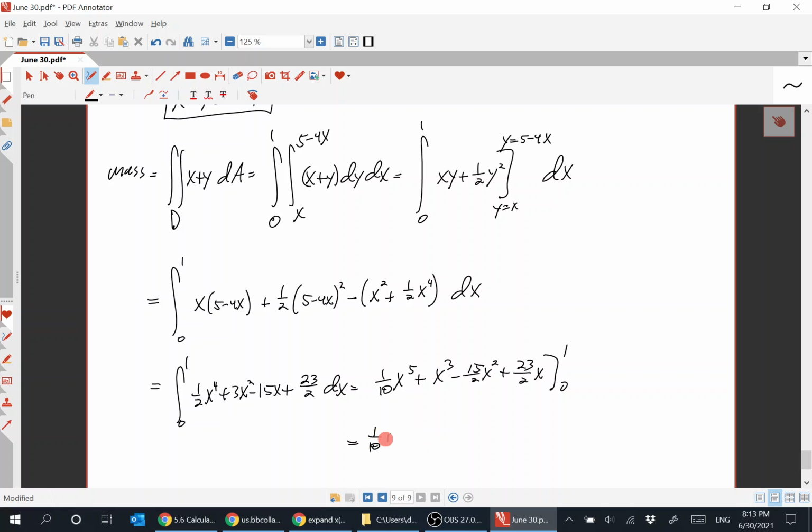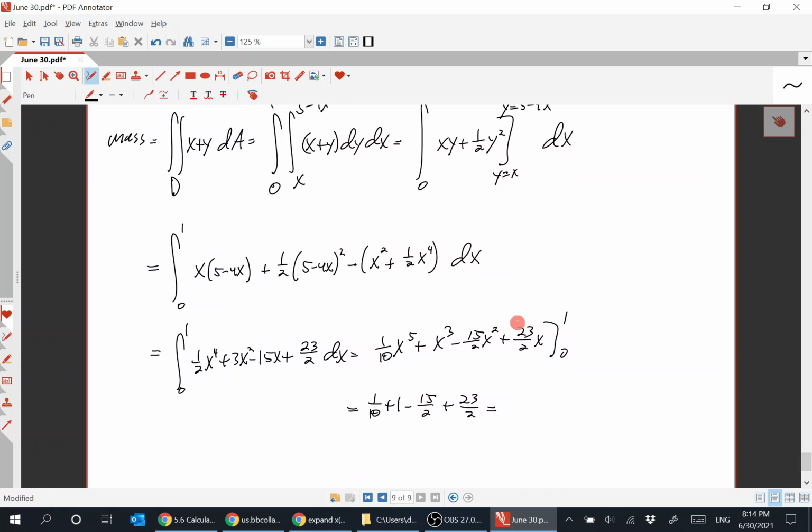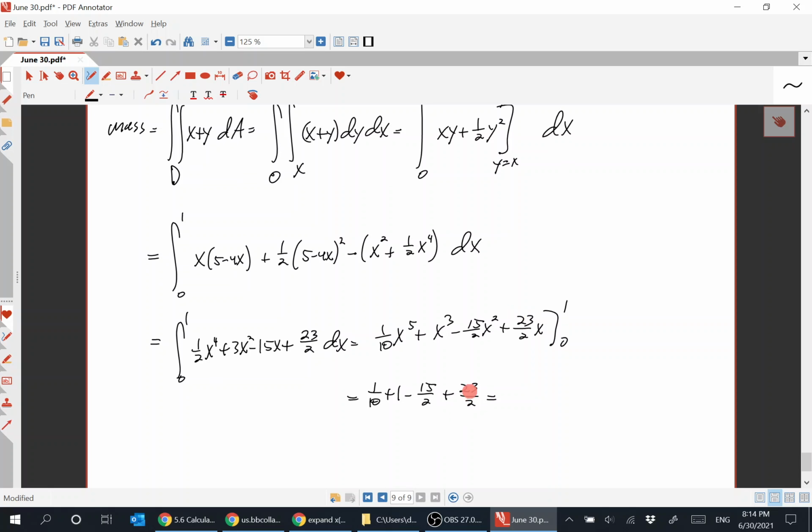So 1/10 plus 1 minus 15 halves plus 23 over 2. 23 minus 15 is 8, over 2 is 4, plus 1 is 5.